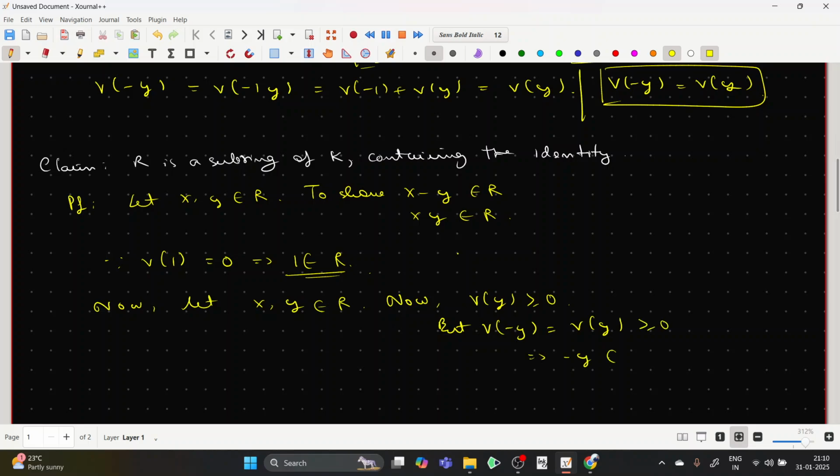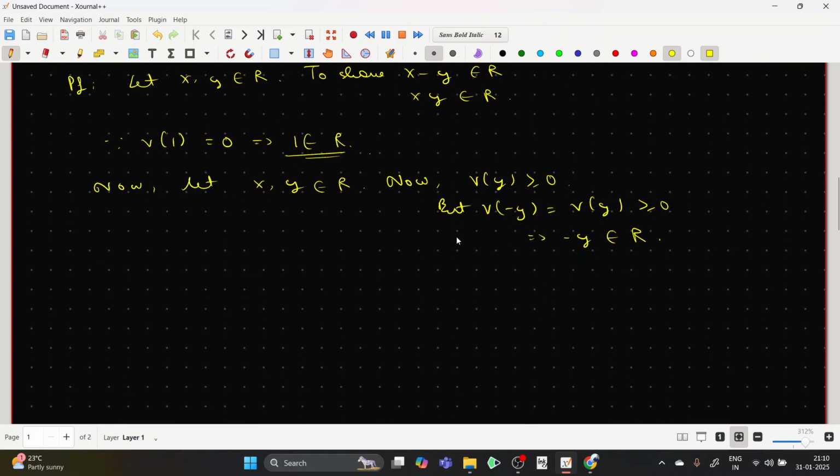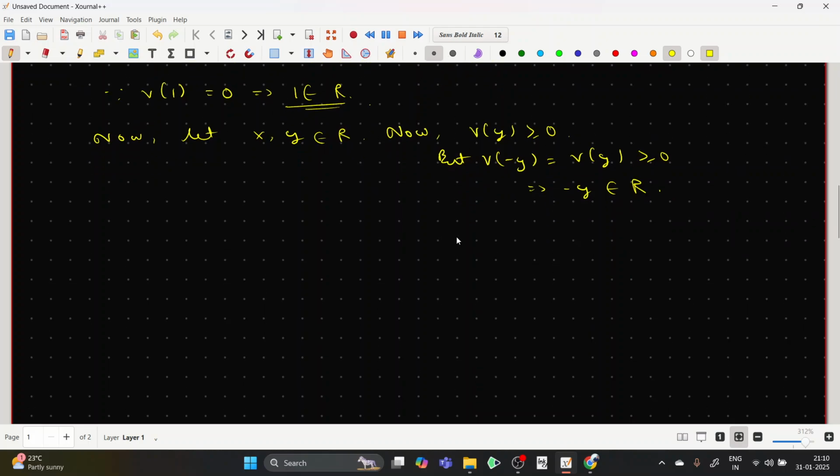So that means minus y also is in R. So it's closed under additive inverses. Now 0 is already included in it, so we do not have to calculate anything about 0. 0 is already there inside the valuation ring.